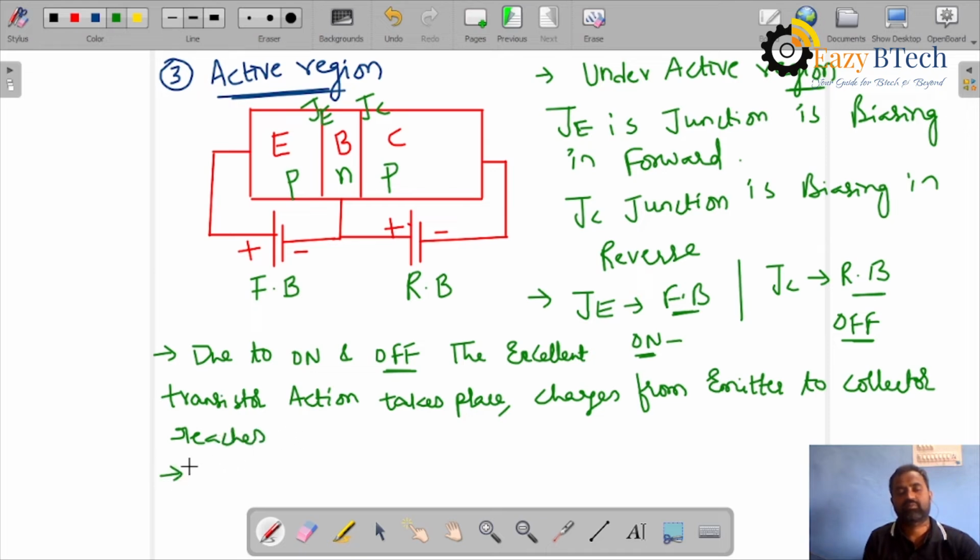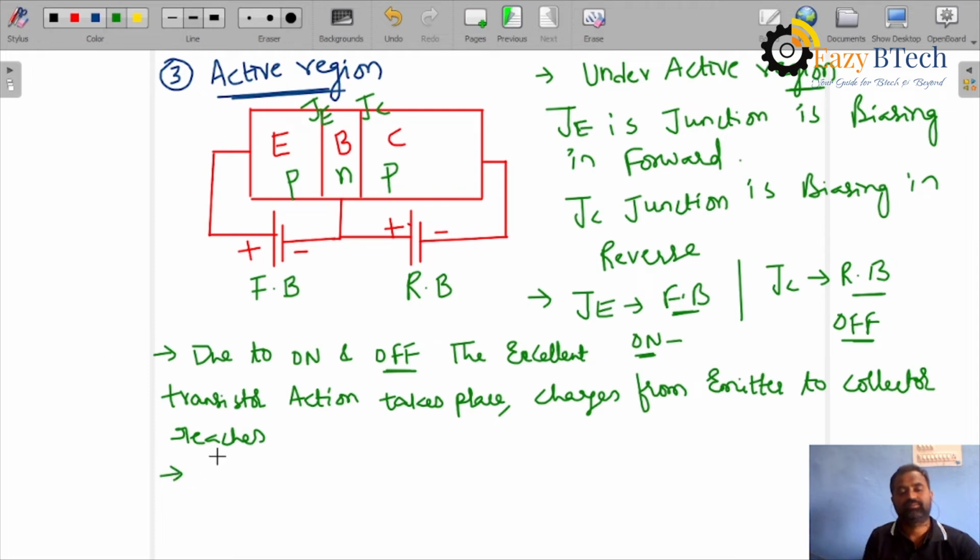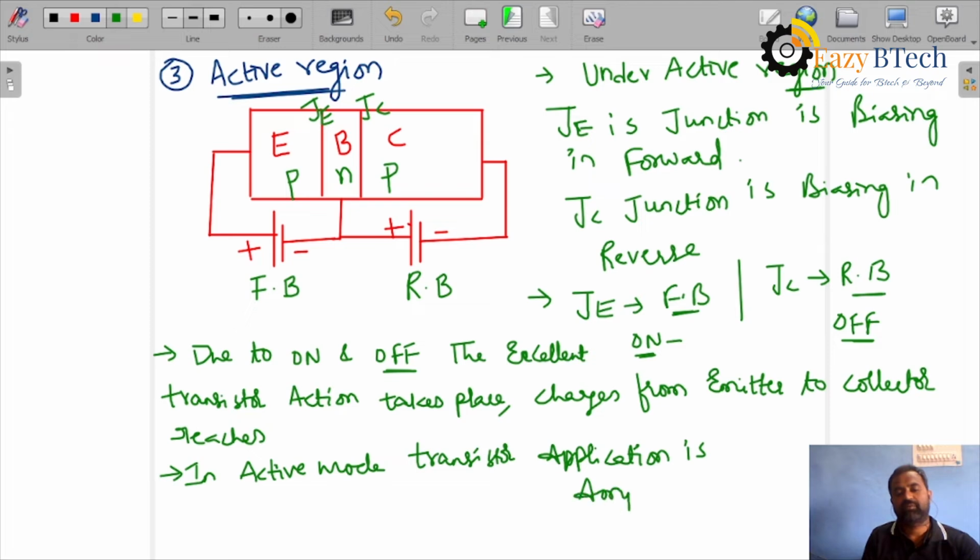Next, in active mode, transistor application is amplifier. Transistor application is amplifier.